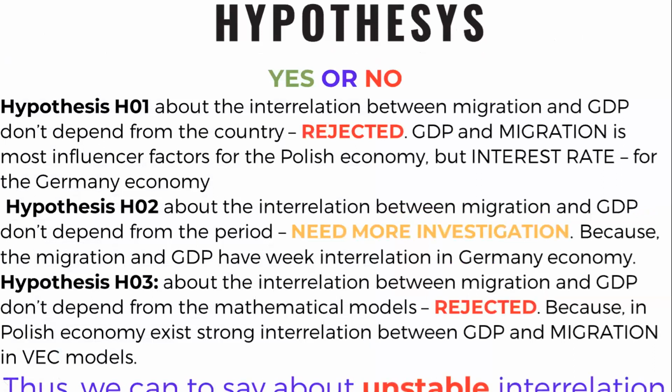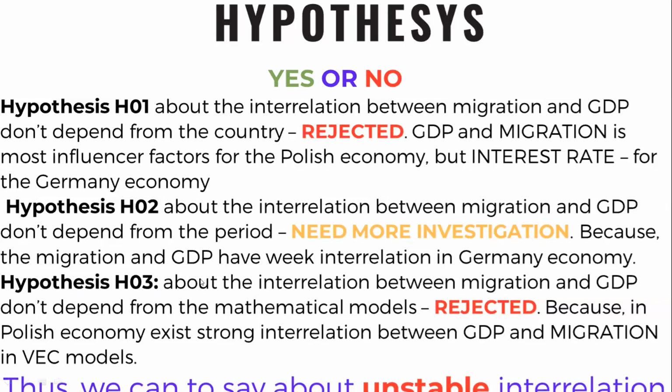We investigated three hypotheses, which you saw on the previous slide, and whether each is accepted or not. Hypothesis H01, that the interrelation between migration and GDP does not depend on the country, was rejected. GDP and migration are the most influential factors for the Polish economy, but the interest rate is the most influential factor for the German economy. The second hypothesis, that the interrelation between migration and GDP does not depend on the period, needs more investigation, because migration and GDP have a weak interrelation in the German economy.